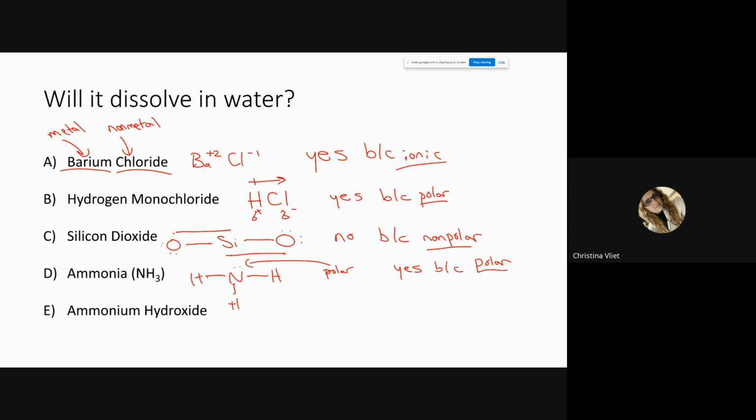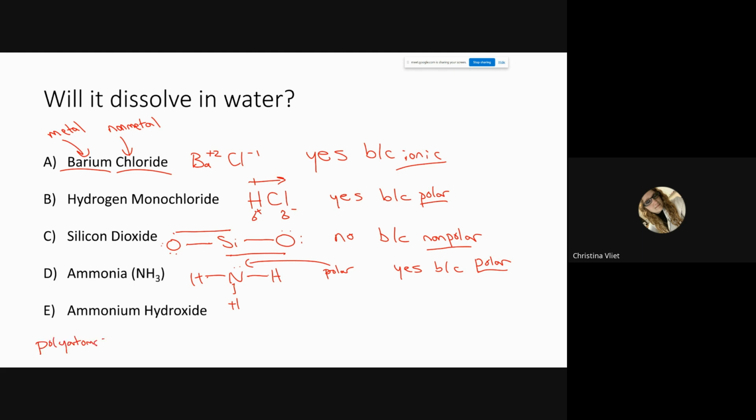Ammonium hydroxide. Ammonium, does that ring a bell? Even if you don't remember exactly what it is, there were other ones like nitrate and carbonate. What are they called? Together, they're called polyatomic ions, aren't they?